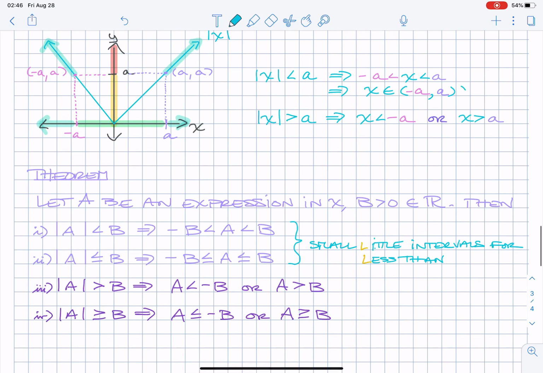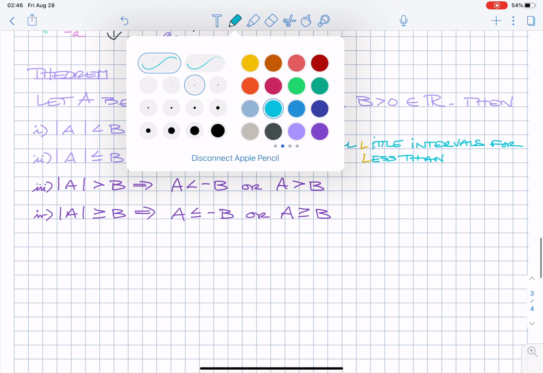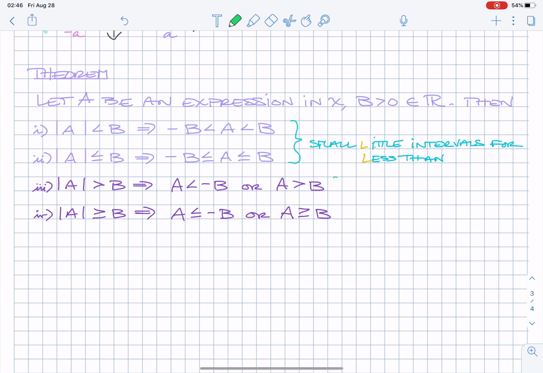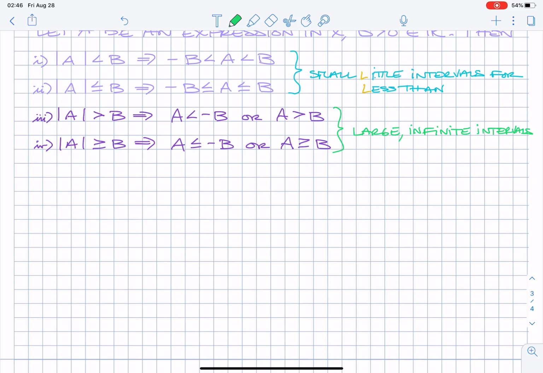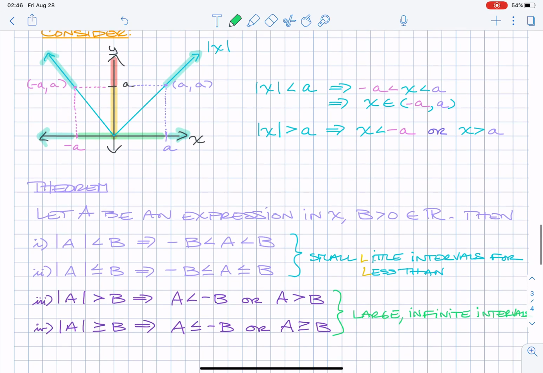They can be contained within a little expression like this. However, these two guys are large, infinite intervals. So they go off towards the infinities. Do you agree that here and here I'm going off towards negative infinity and positive infinity?